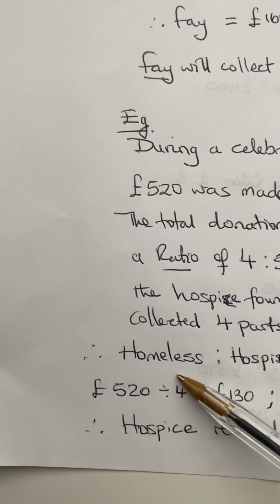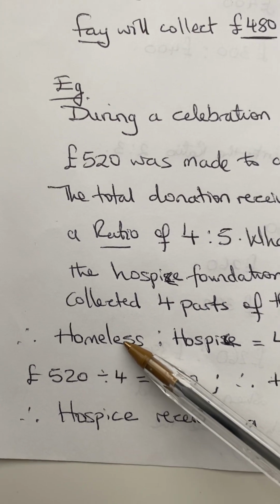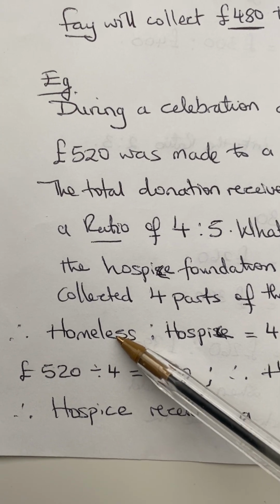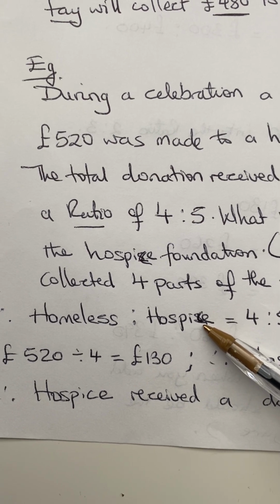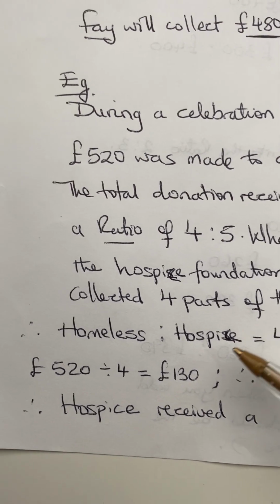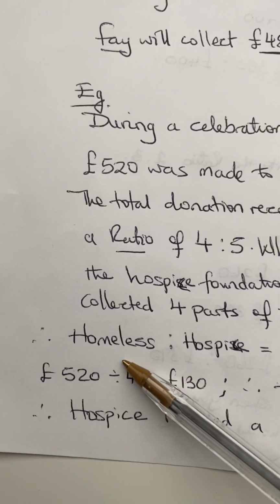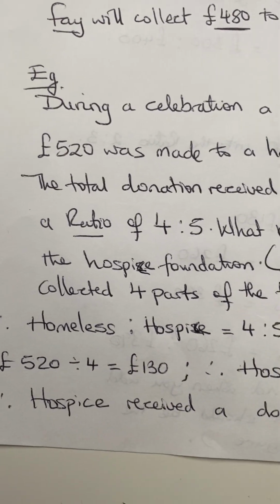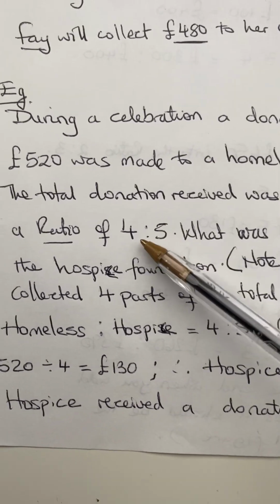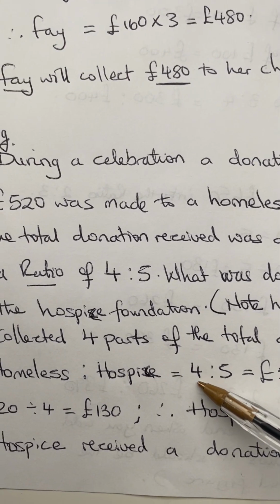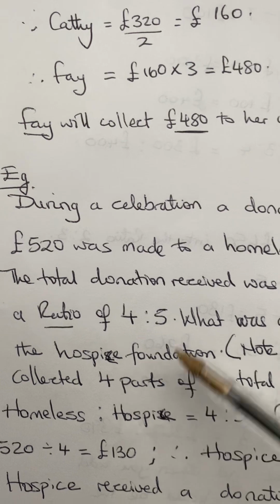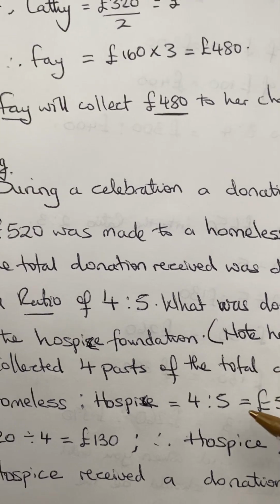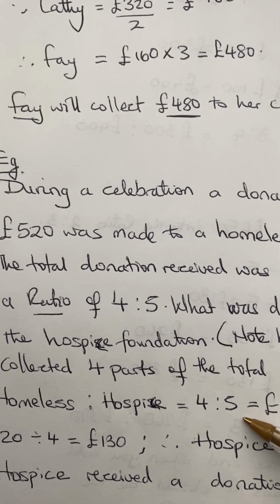So here again, we have a homeless charity and a hospice charity. The homeless charity from the question took 4 parts. The hospice charity from the question took 5 parts.